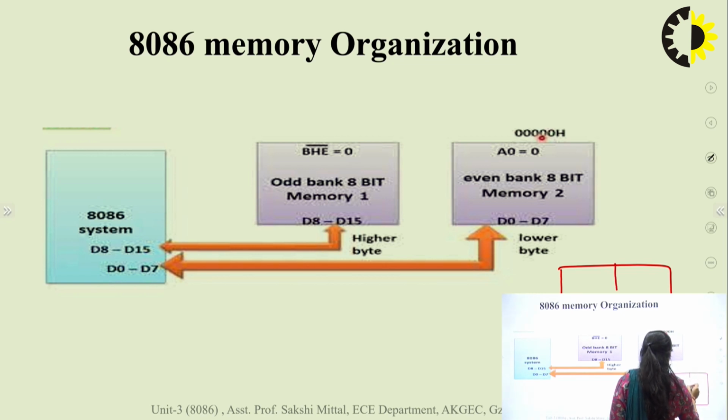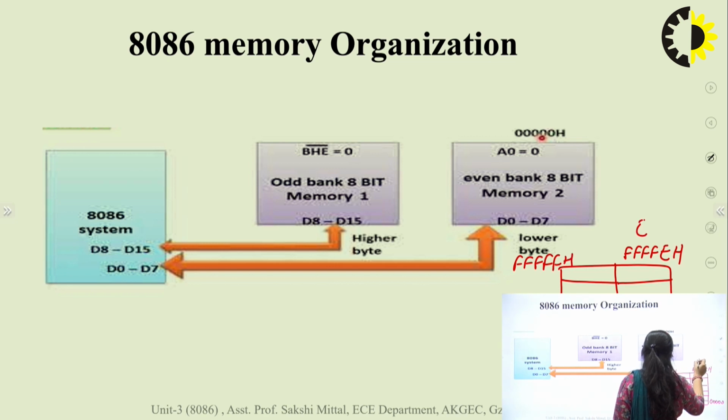I have divided the memory in such a way that all the even addresses 0, 2, 4, 6, 8 and so on, from 00000H to FFFFEH, are arranged on one side, and all the odd addresses are aligned on the other side, from 00001H to FFFFFH.